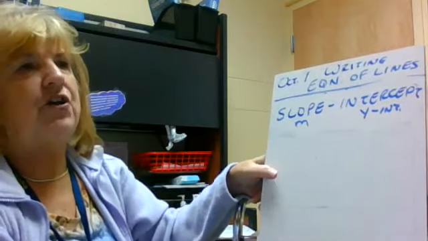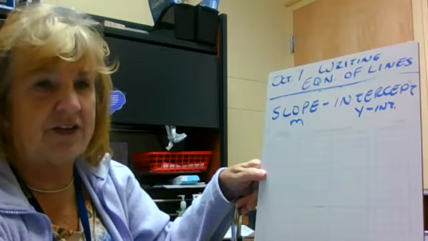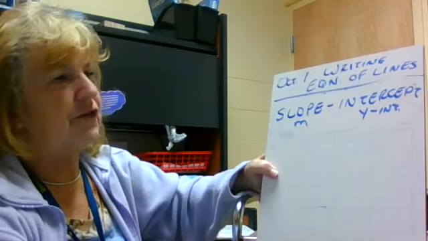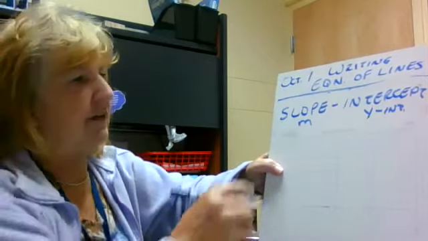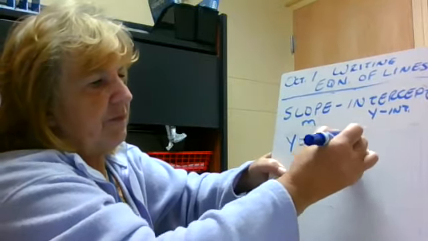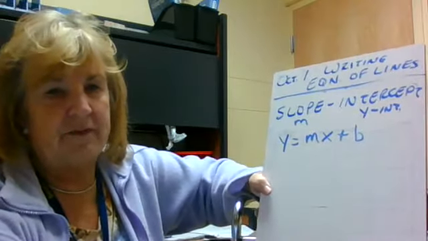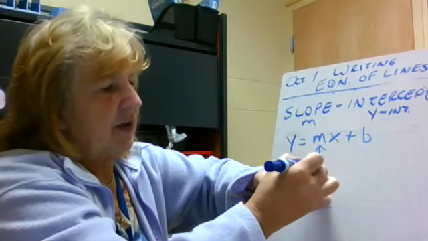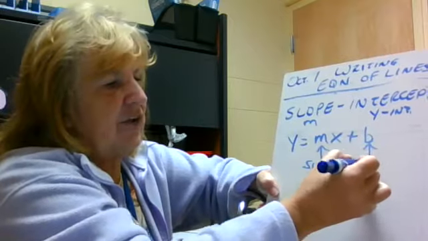We rarely use the x-intercepts to find equations, but we use the y-intercept a lot. The basic form for slope-intercept, and this is all in your material on page 5, is y equals mx plus b. This is the slope. This is the y-intercept.